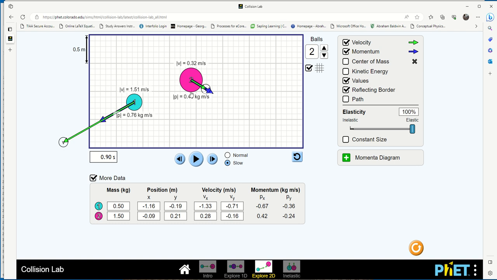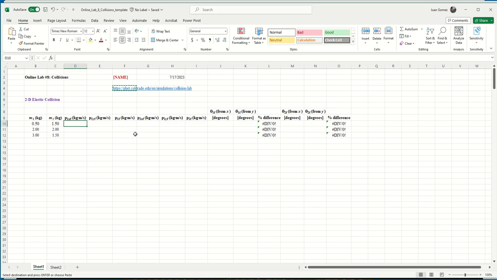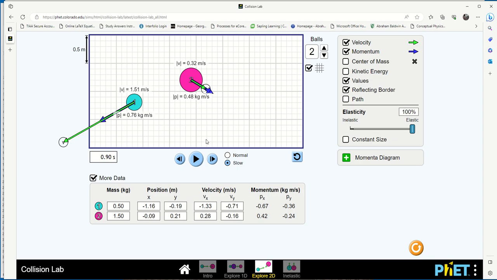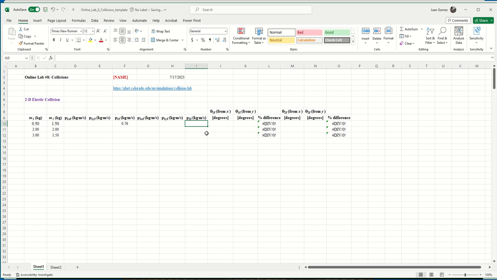Over for M2, P is equal to 0.48 kilogram meter per second. That's P2 final. So let's enter them in the spreadsheet. P1 final, 0.76. P2 final, 0.48. A little bit tedious, but it is what it is.